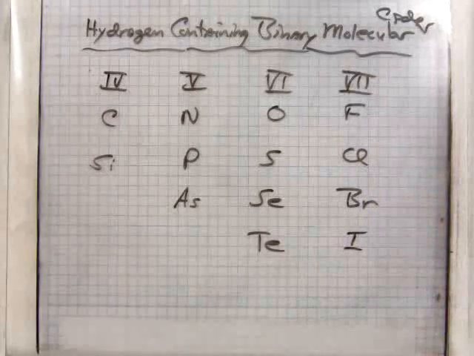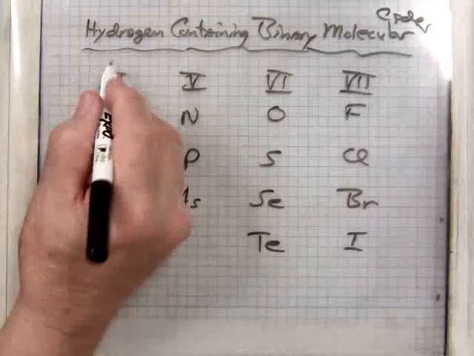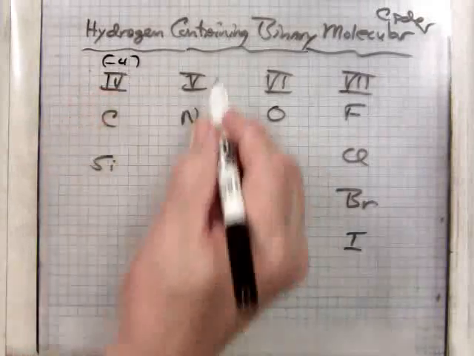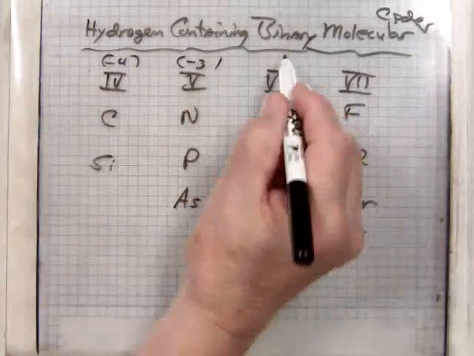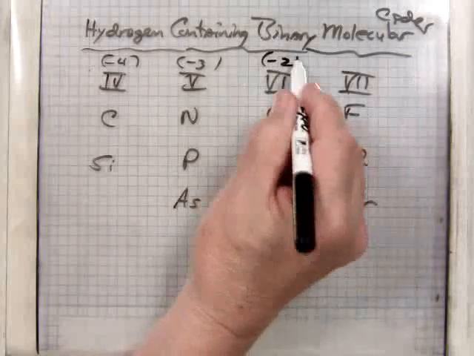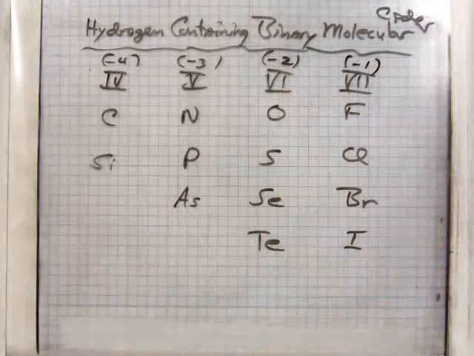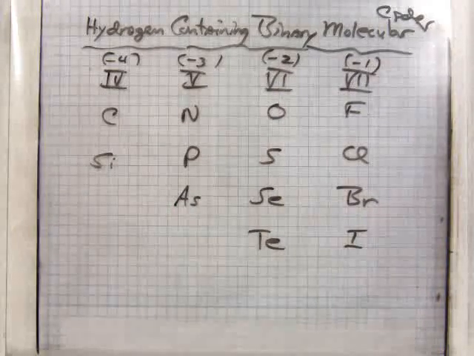Now, each of these we look at as negative. This is a -4, -3 oxidation, because this is 5 plus 3, and this is a -2 oxidation. This is -1, as we've been talking about. Now, hydrogen is always a +1 until I tell you different. Oxygen is always a -2 unless I tell you different.